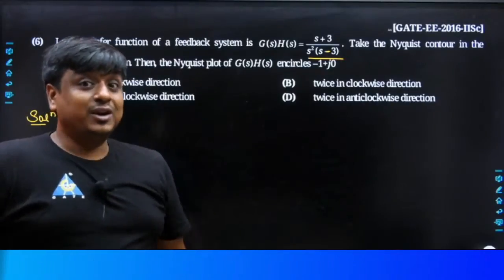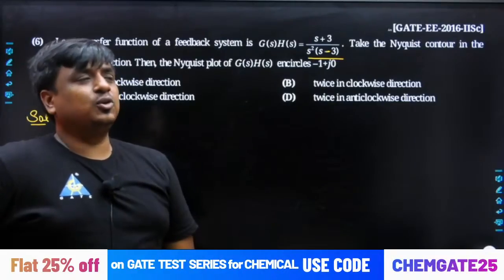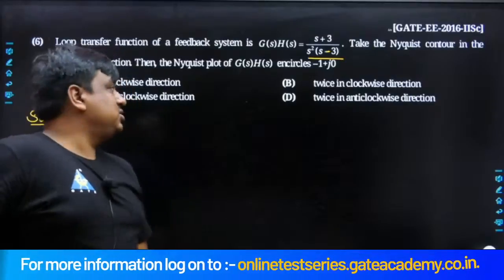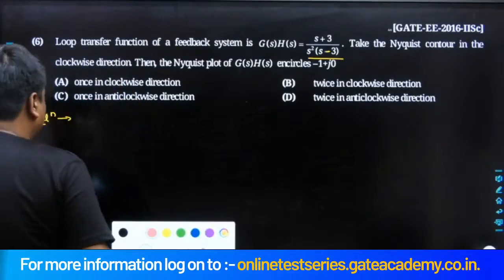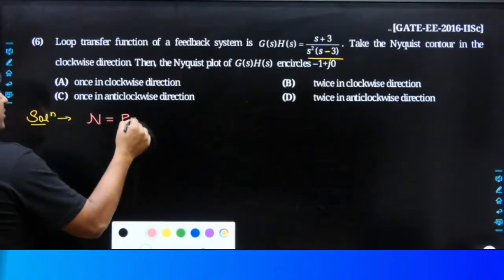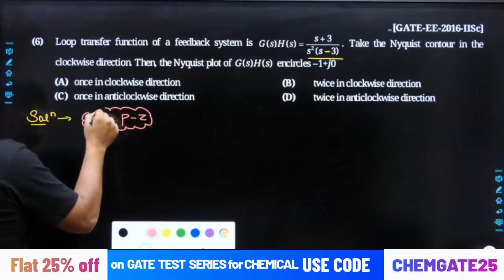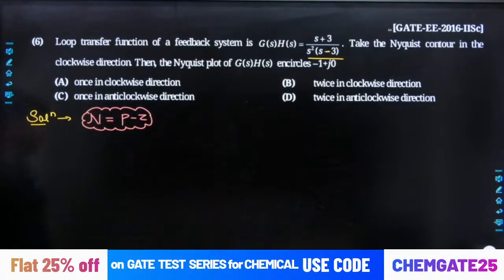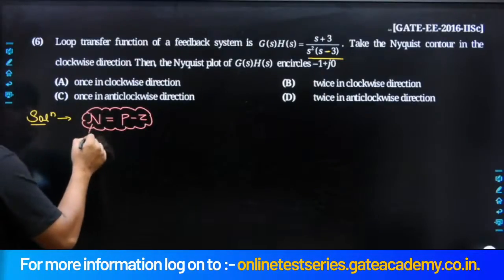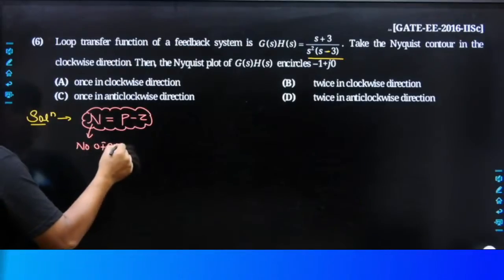And the second person, the smart person who is probably going to perform well in GATE, what is he going to do? He would do reverse engineering. As per the principle of argument, the stability of the system is assessed with this formula: N is equal to P minus Z, where N is the number of encirclements of the critical point.